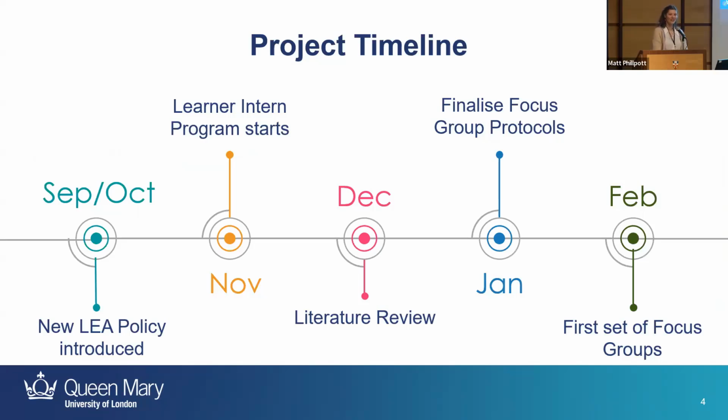Yes, so to provide a bit of context about this project, at the start of the academic year, there was a new learner engagement analytics policy introduced in Queen Mary, and this policy focused on supporting students in their learning and tracking their engagement, basically outlining certain measures that can be done to track engagement, prevent students from disengaging and intervene if they need that extra bit of support.